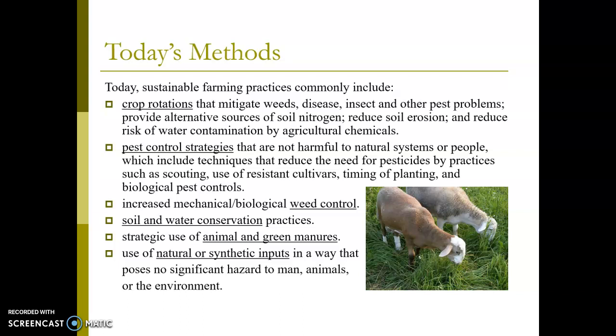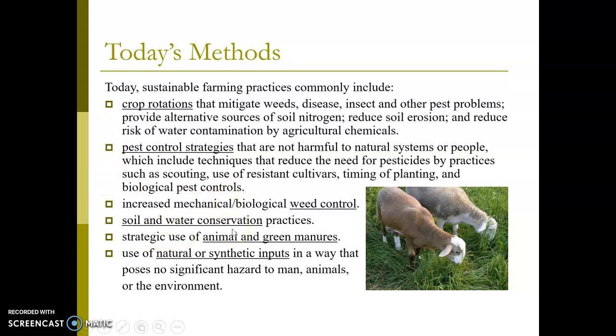The pest control strategies are not harmful to natural systems or people, and include techniques that reduce the need for pesticides by practices such as scouting, use of resistant cultivars, timing of planting and biological pest control.